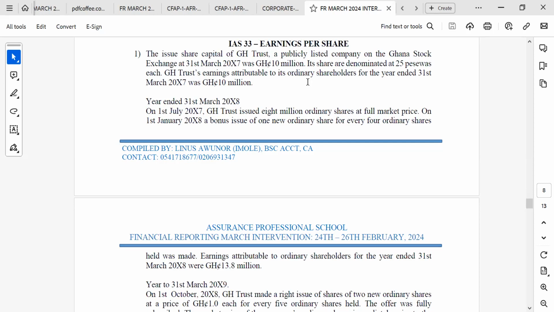Year ended 31st March 20x8. On 1st July 20x7, GH Trust issued 8 million ordinary shares at full market price. On 1st January 20x8, a bonus issue of 1 new ordinary share for every 4 ordinary shares held was made.